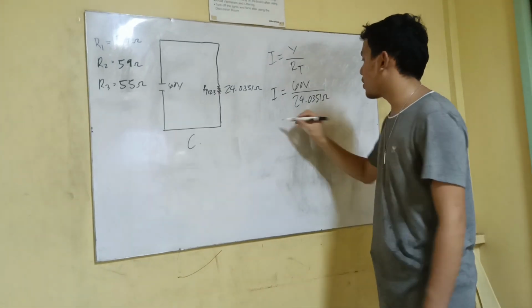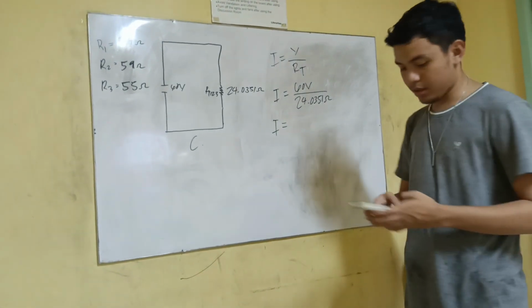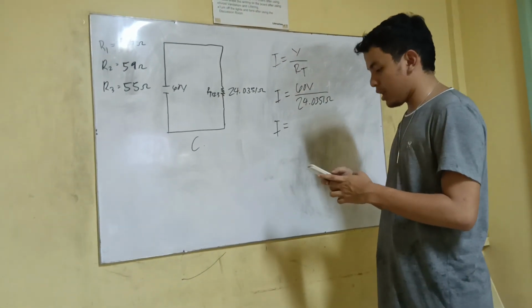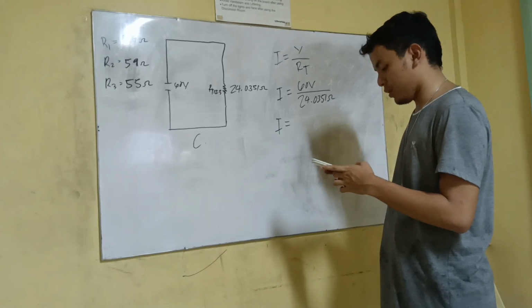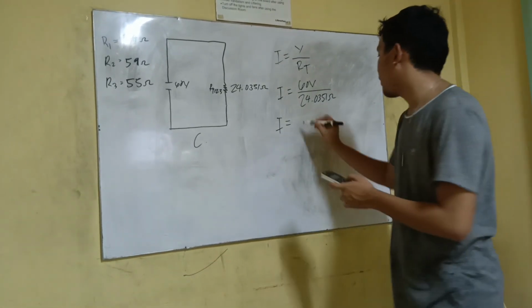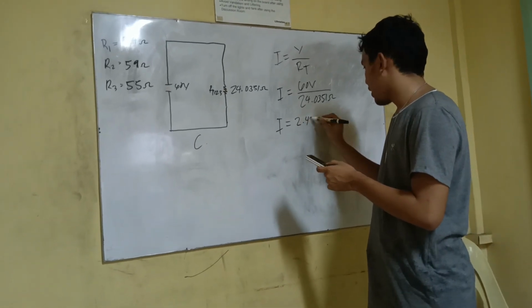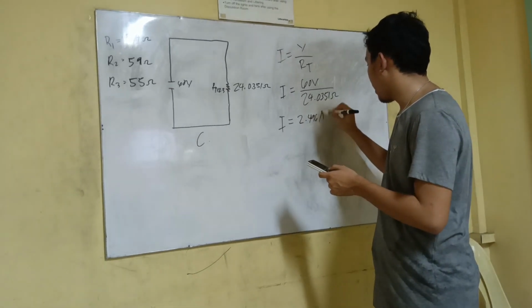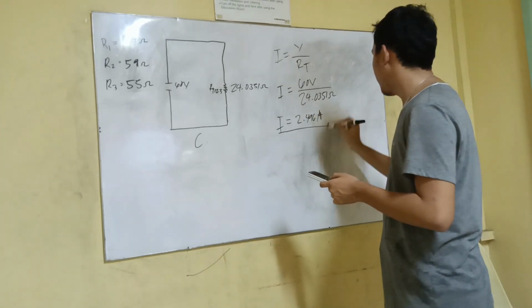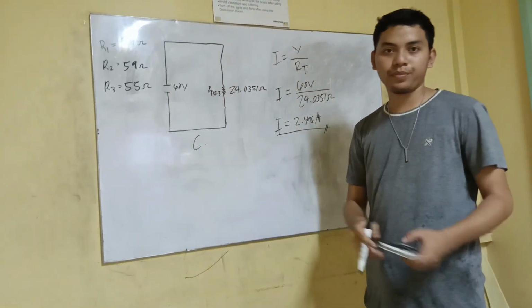So our current is 60 divided by 24.0351, which is 2.496 ampere. This is our total ampere in this problem.